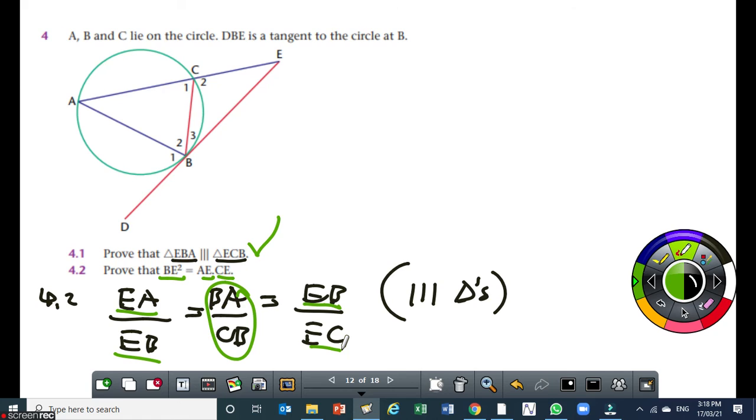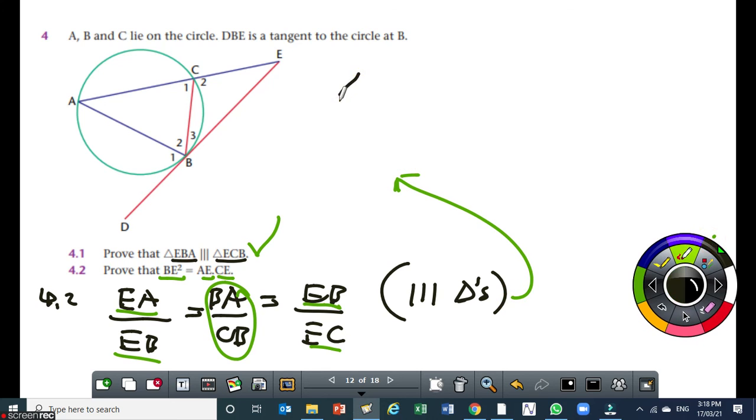So all I have to do is equate the first ratio and the last ratio. I'm going to rewrite the EB as BE, the EA as AE, and the EC as CE. So the next step, I can do it on top here. Then I can say, therefore, AE over BE is equal to BE over CE.